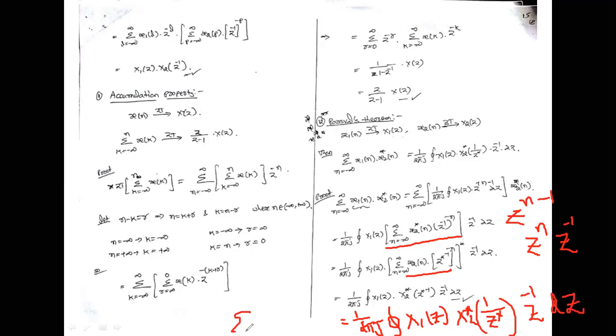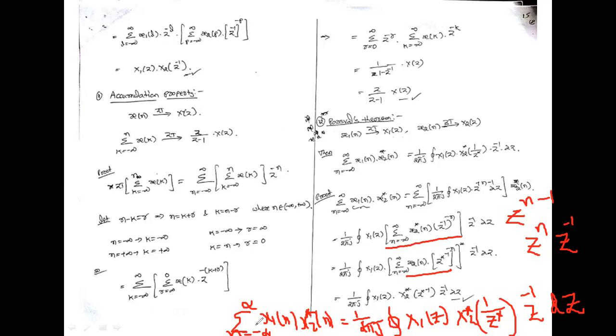That is Parseval's theorem, when the sum of n equal to minus infinity to infinity x1 of n and x2 star of n, the two signals, one signal is multiplied with the conjugate signal x2 of n, by using the inverse Z transformation formula.